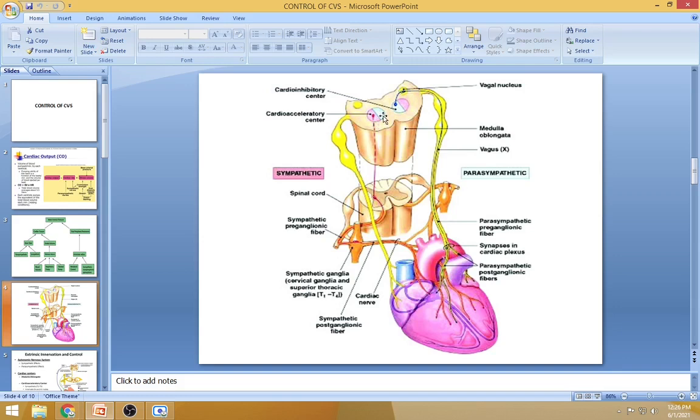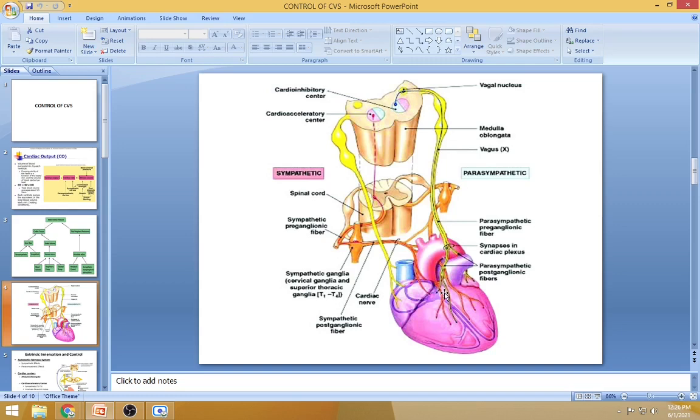Now, nucleus tractus solitarius, what does it do? It receives all sensation and then determines which is to be activated and which is to be turned off. So I think we will stop there with regards to how nucleus tractus solitarius controls this system. Now the cardioinhibitory center, as the name suggests, plays a role in inhibiting.